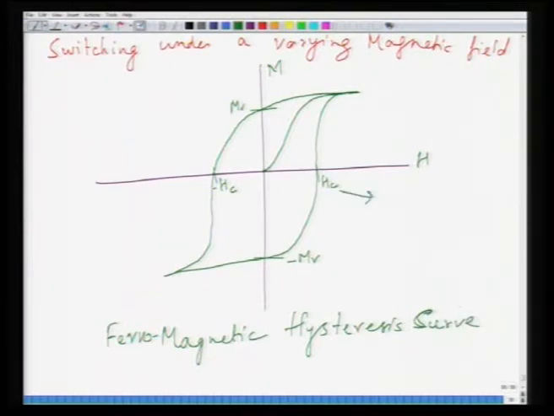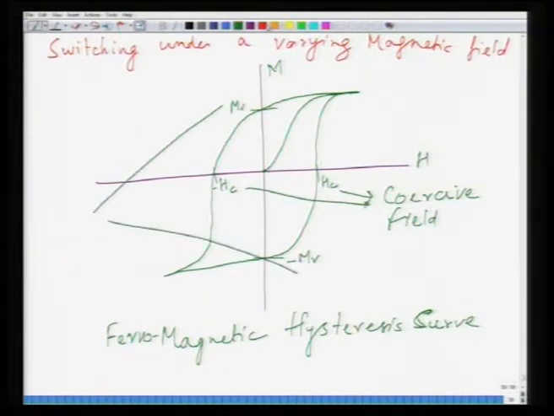And this Hc is again called the coercive field, Hc and minus Hc, and this Mr and minus Mr are called remnant, REMANENT.